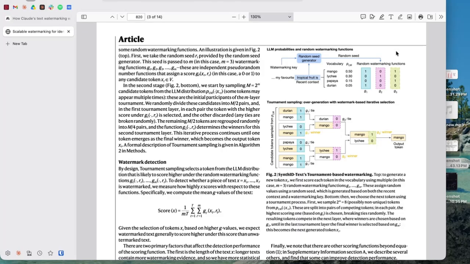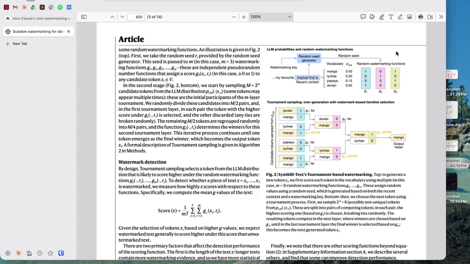What it's doing is just applying a little bit of a weighting function at each of those levels. That weighting function, that bias in the final token that gets generated and the tokens that are winning the tournament along each step of the path, is the signature that makes the watermark.